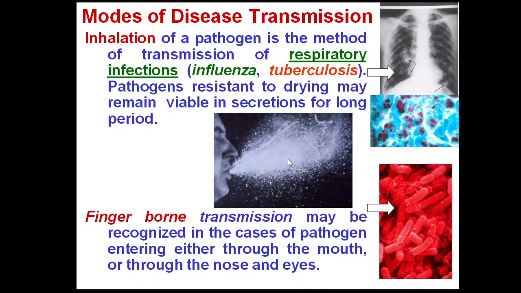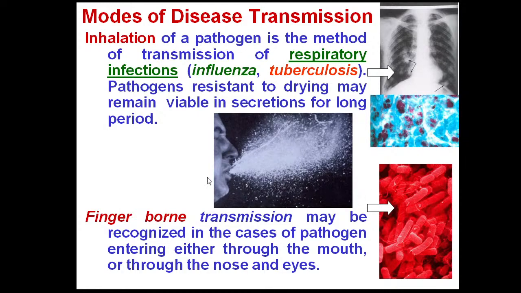So then inhalation is a very common way of transmission of so-called respiratory infections, for example, influenza or tuberculosis. Pathogens resistant to drying may remain viable in the secretion for a long period of time. So, for example, Mycobacterium tuberculosis, the common cause of tuberculosis, stays viable on the surface of the dust particles for about half of the year.